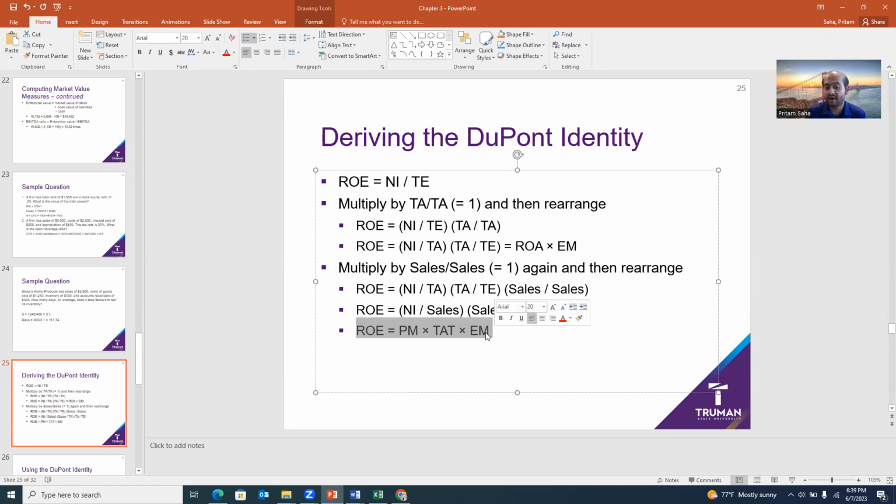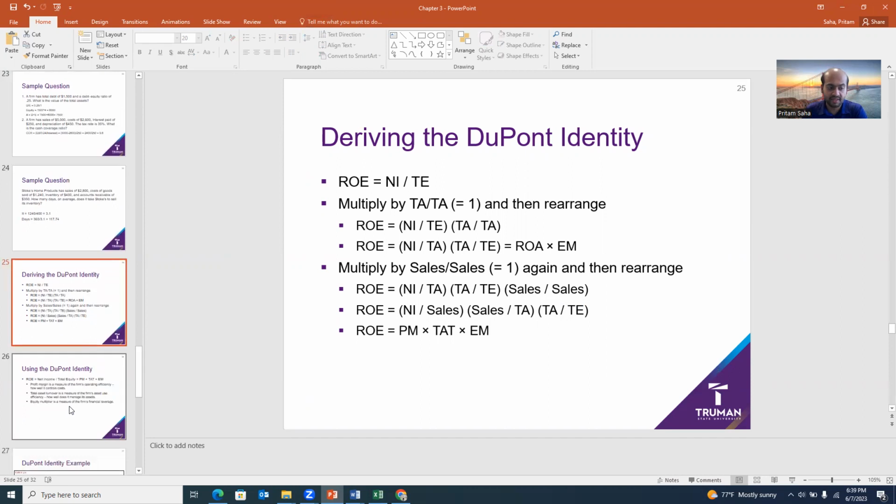So return on equity is a function of 3 things: profit margin, total asset turnover, equity multiplier. So now, if you want to decompose, if you want to dig deep about what causing better profitability, we can look at these 3 functions. And then we can think of what causing better profitability.